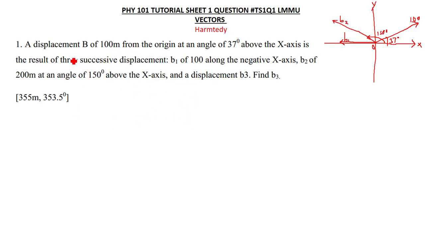So this is what we've been given. The first thing that I can advise you to do is to draw the table of values. This is the analysis table, the one that you're going to use to analyze your question. So let's start with B1. Here we have the x component, then here we have the y component.